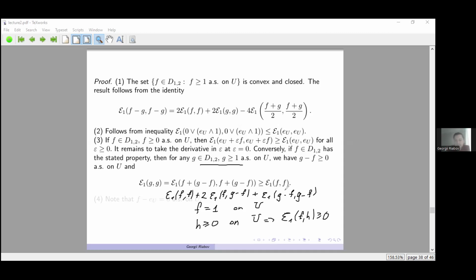And by assumption, this is non-negative, this is non-negative, so the E1 norm of g is greater than the E1 norm of f. This means that f is the element with the smallest E1 norm, which is exactly this function EU.